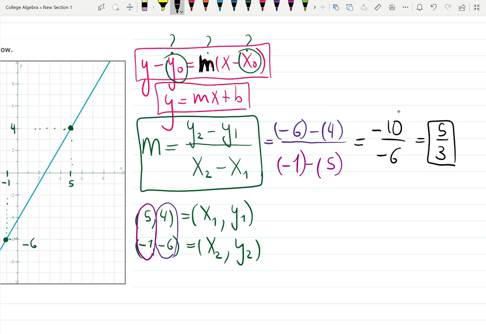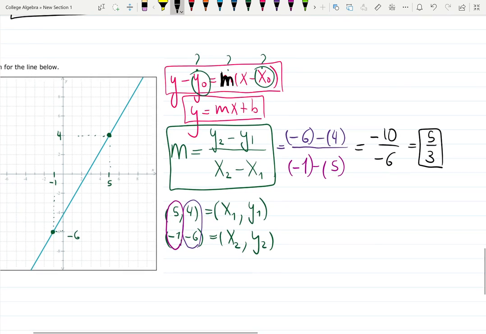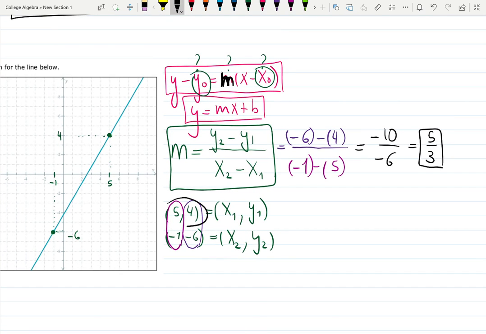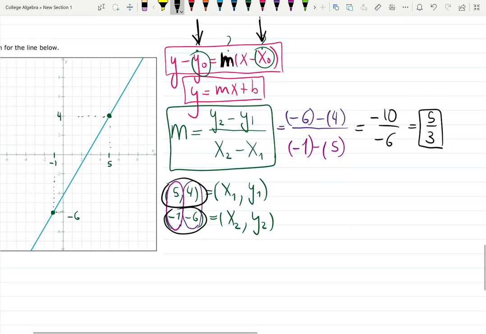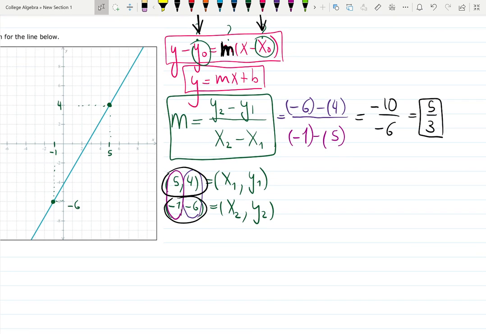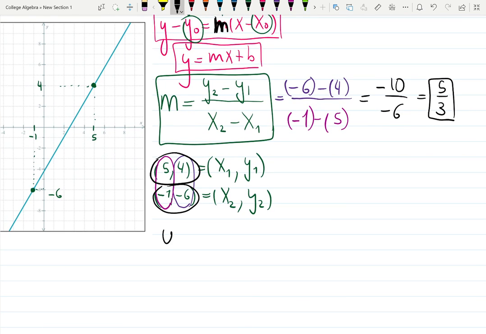Here's my slope m. Now, choose any point you like, (5, 4) or (-1, -6), or any other point to plug in over here, and you're almost done with the equation of the line. The equation is y minus y0. For example, I choose the first couple, (5, 4).